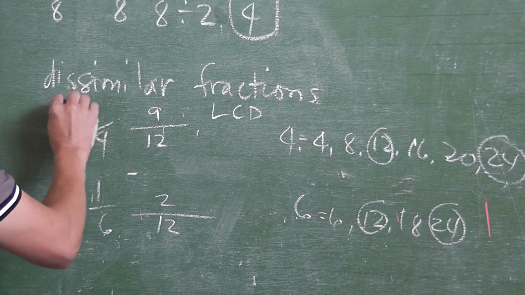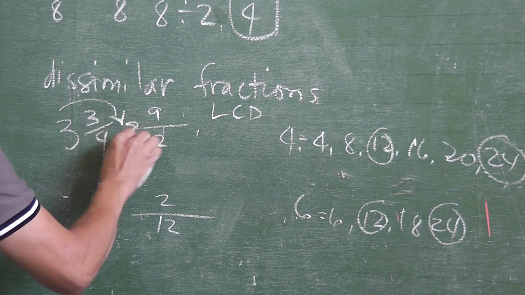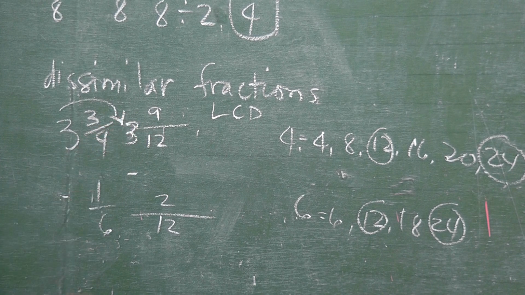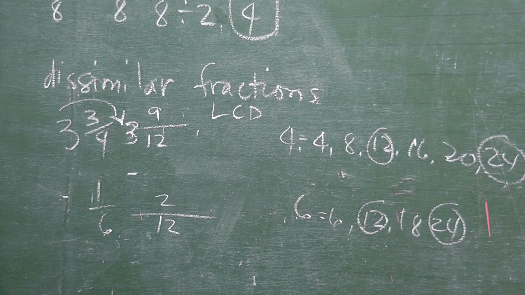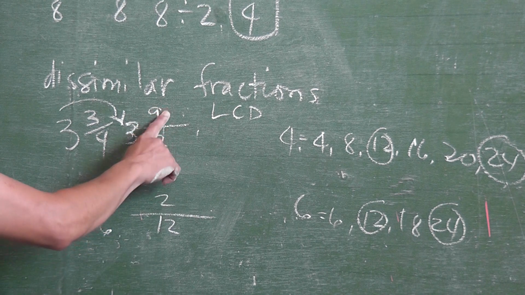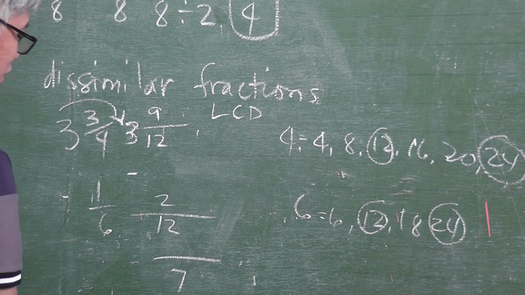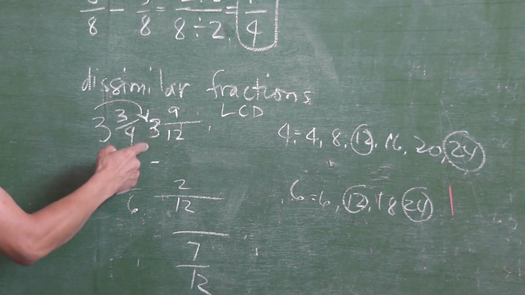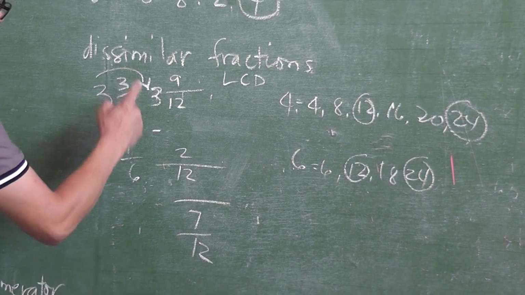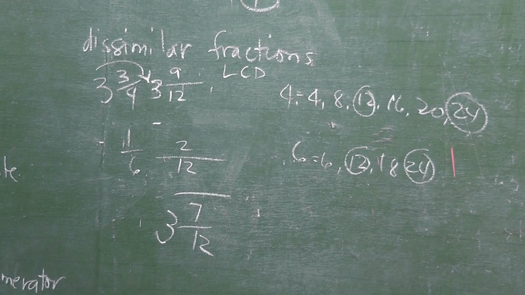We'll bring our 3 here because we need another fraction. We'll subtract only the numerators, not the denominators. 9 minus 2 is 7. Then write the denominator. And then 3, we have no number to subtract from 3, so we'll bring down the 3. That is the answer.